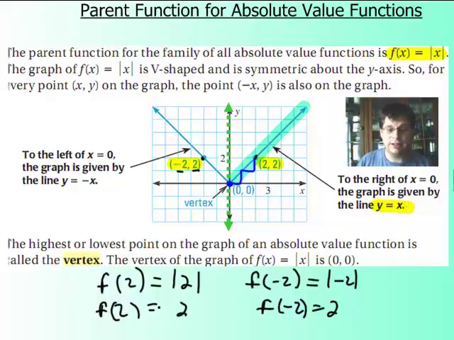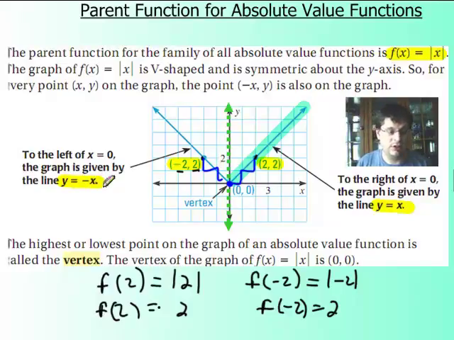And likewise, if we look at the left side, if we look at the slope, we go down 1 over 1, down 1 over 1. And so it's going to have a slope of negative 1, but it has the same y-intercept. So thus, on the left side, it could be matched up to the reflected linear parent function.